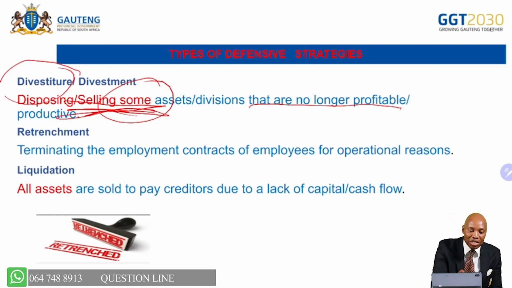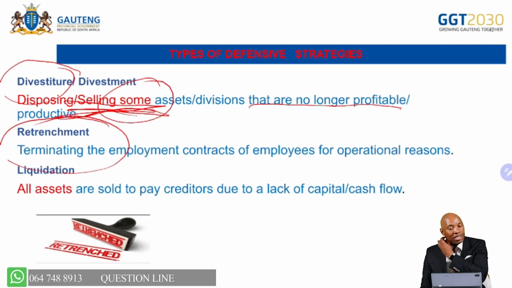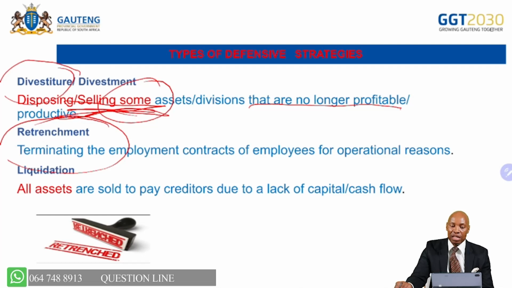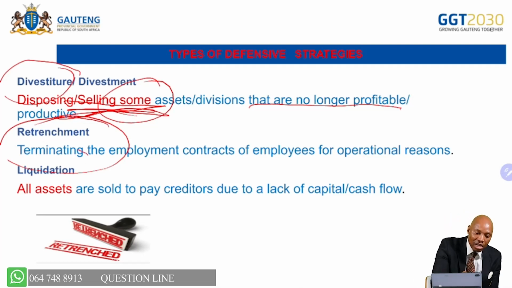Then we decide to retrench employees. We say, let's change the number of employees because some divisions in the business are no longer operational. Then we retrench employees for operational reasons. We're still not making it as a business. Then we are owing creditors. Then what else can we do? Now we then liquidate.